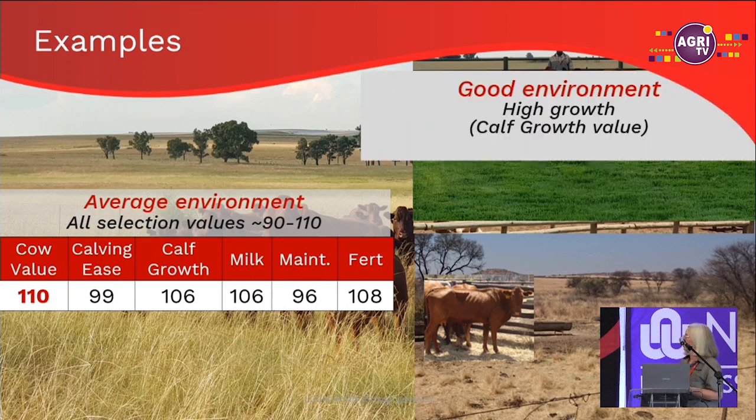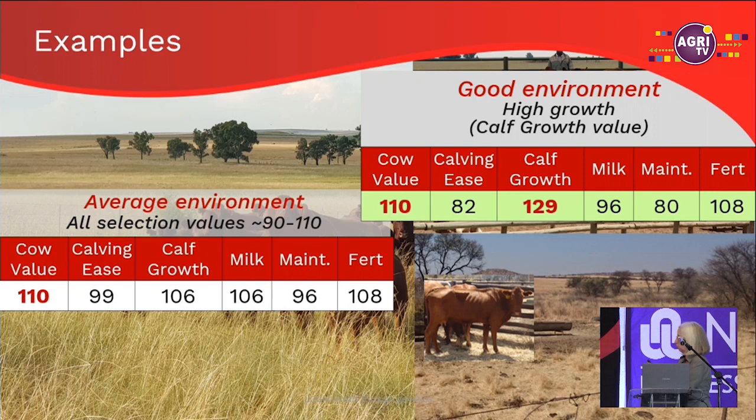If you want to go to extremes, say you have a very good environment and you want high growth, then you look at the calf growth value. Once again, you see the cow value is 110. It's the same as there, but this is a different type of animal, because it's got high calf growth. The weaner is going to be heavy.